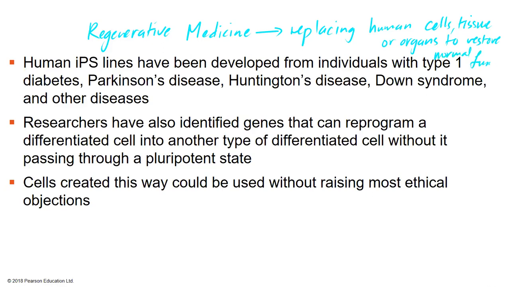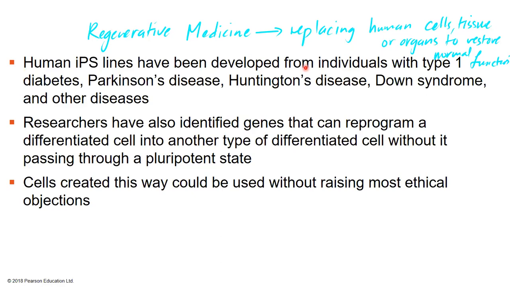So someone, again, someone has a damaged liver or kidney or heart or some neural cells, regenerative medicine could be used to replace the damaged cells or damaged tissues or damaged whole organs, okay? Using stem cells, of course.